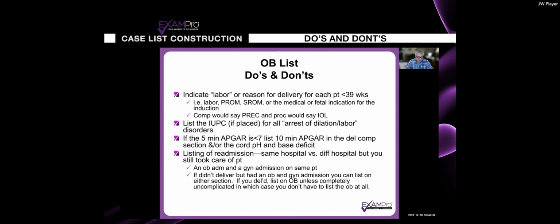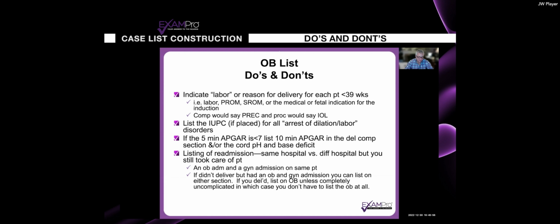So we're going to look at an OB admission and a GYN admission on the same patient. Again, if she delivered and you did the delivery, you should list her on your OB list unless she was completely uncomplicated, aka delivered between 39 and 41 weeks and delivered vaginally and had no complications. That's a patient you don't have to list on your OB list, period.